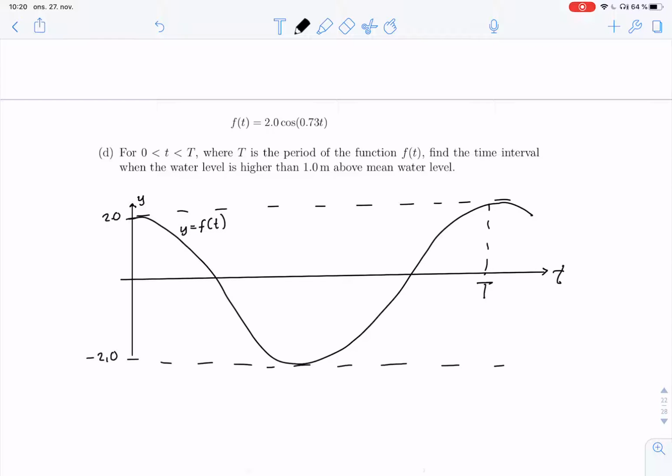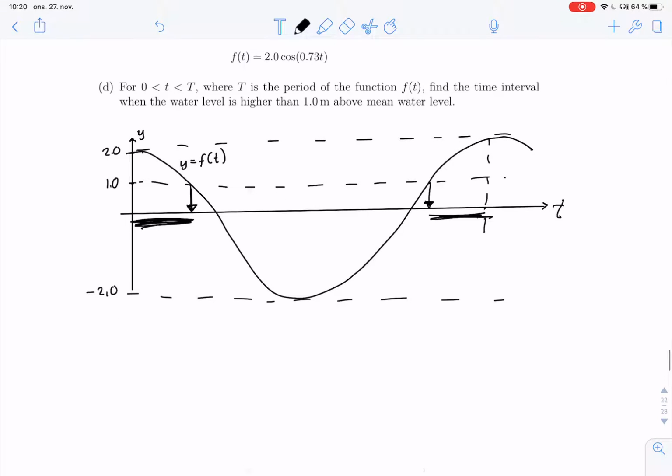Find the time interval when the water level is higher than 1 meter. So you want to know when it's higher than 1 meter. So we see that we need to find this value here and this value here, because our result would be this interval and this one.